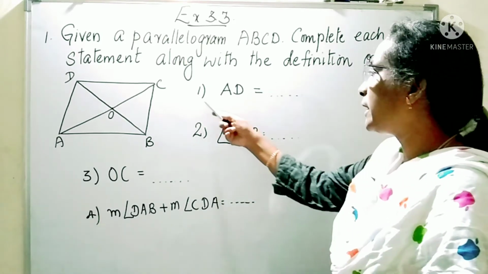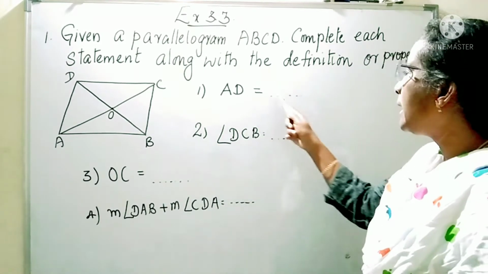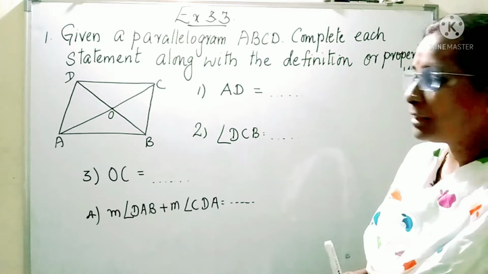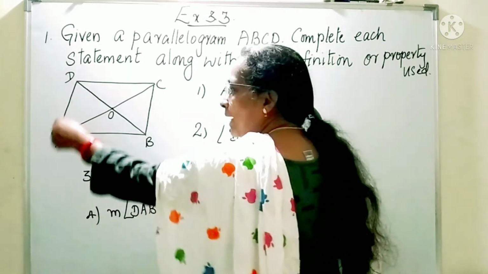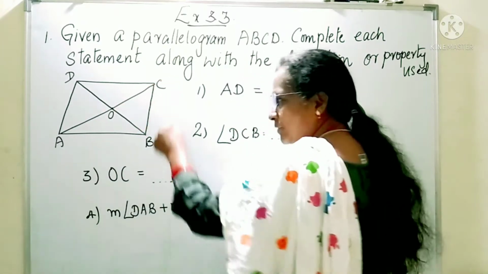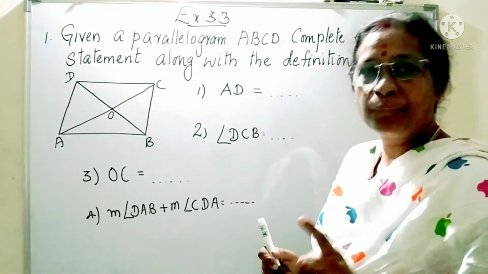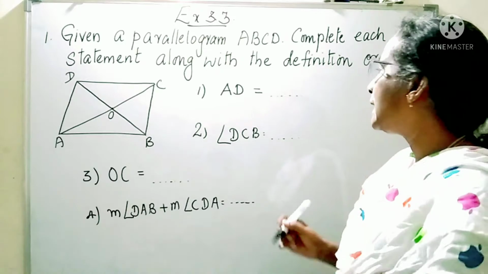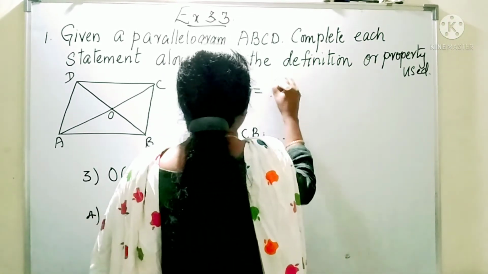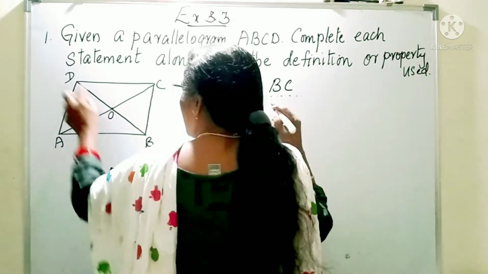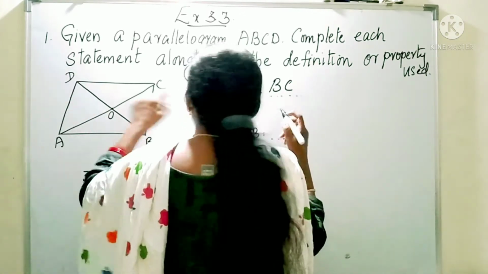Now, the first question here is AD equal to blank. What is AD equal to? AD is a side. AD equal to CB. Why is it so? Opposite sides of parallelogram. So, AD equal to BC.